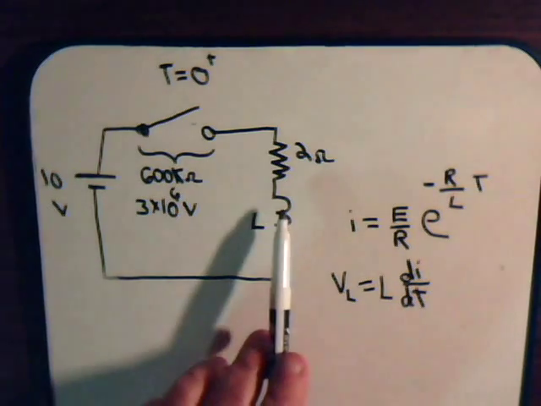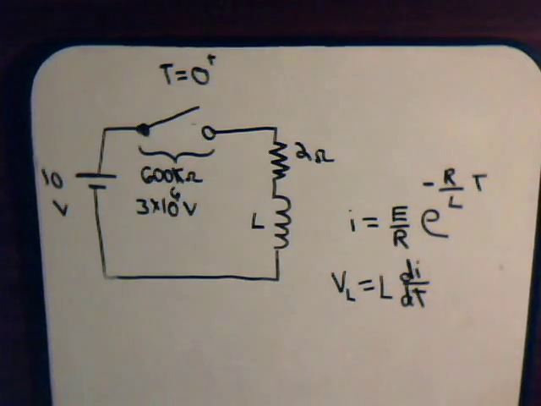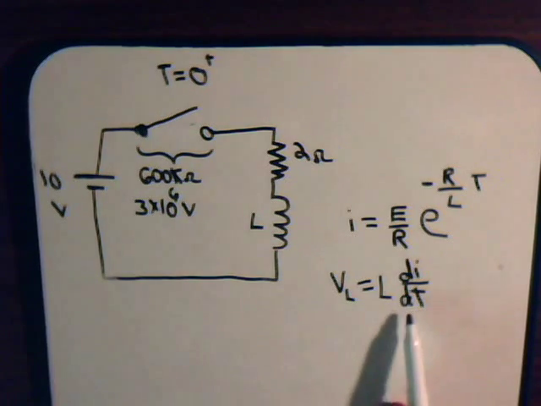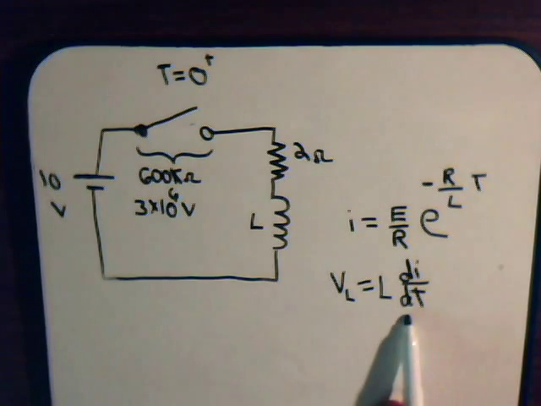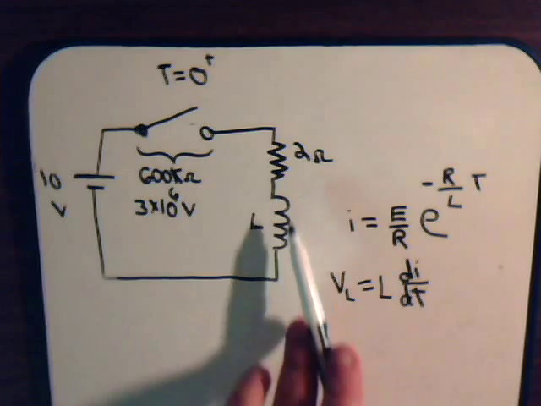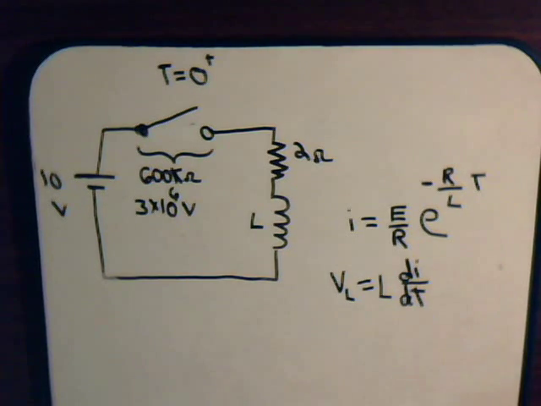Well, can this inductor have enough induced voltage of several million volts? Can that happen? The answer is yes, it can, because the induced voltage across the coil depends upon the rate of change of the current. As soon as we open that switch, the current can collapse so fast that, when you multiply it by whatever inductance value the coil has, it can act as a generator source of several million volts.